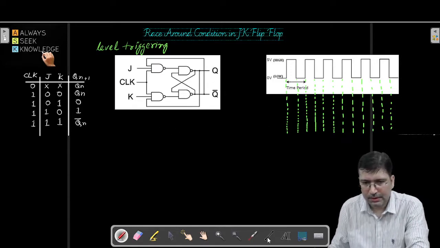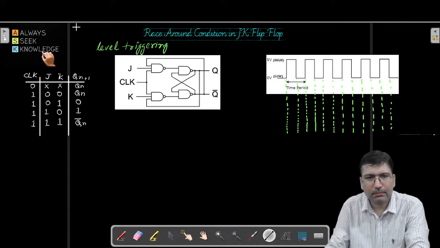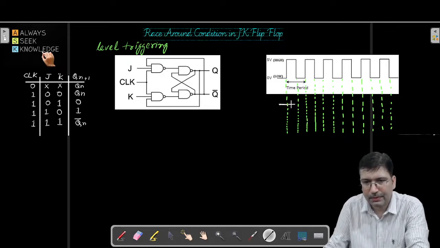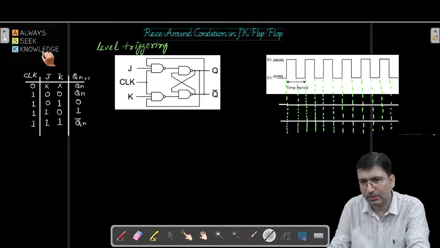So let's consider there is a pulse I'm considering for J. Because J is 1, let's say it is high only. So this is for J, and it is high only till the end. Similarly for K also I can draw the same thing. K is also high only.